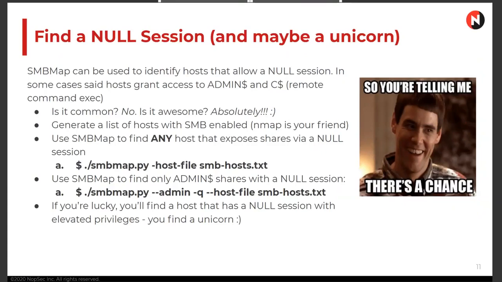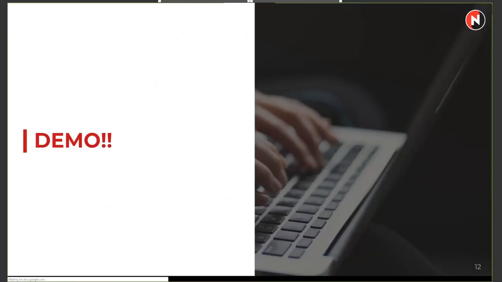And that will return the list, if you get lucky, of hosts that have a null session that you also have admin rights on. Like I said, it's not common, but it's a pretty low effort, low complexity attack. And if you do happen to find that unicorn, you pretty much have a direct pathway to probably getting domain admin through lateral movement. It's a great place to start from 5 minutes into an engagement.